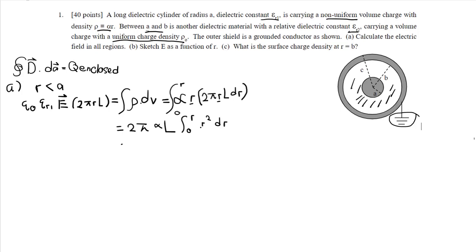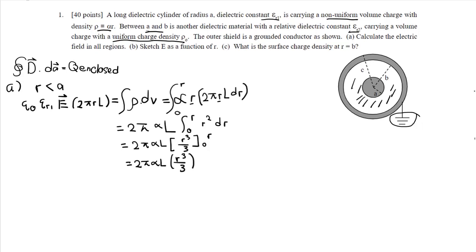And from here, when we integrate it, we get 2 pi alpha L times r cubed over 3 from 0 to r, and just by doing the math, we will get 2 pi alpha L r cubed over 3. And that is just for your radius that is less than a.